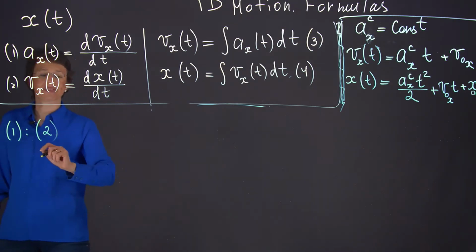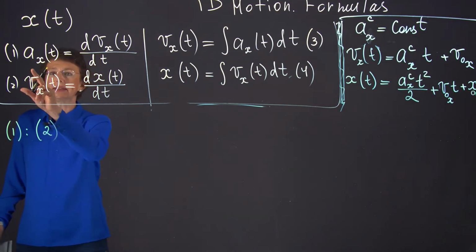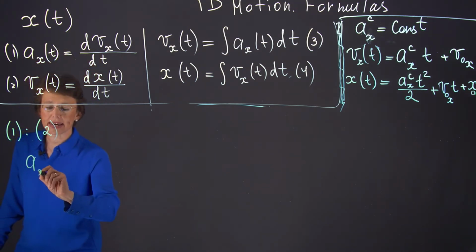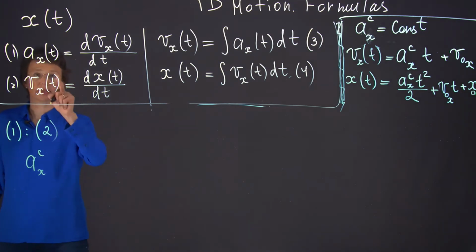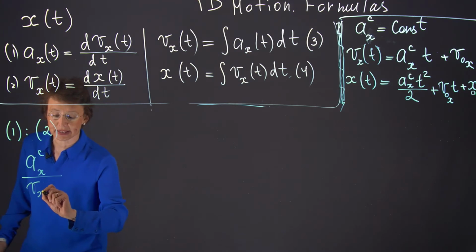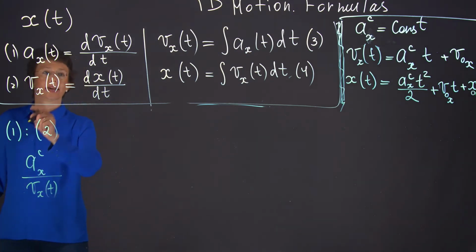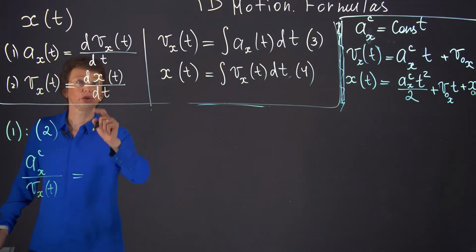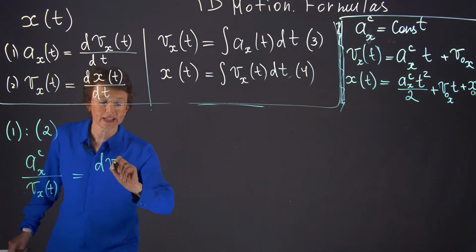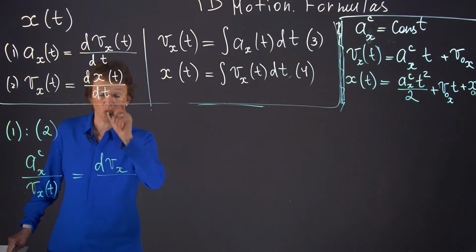What will we have then? If I do that, then on the left, I will have ax, and I remind us that this is constant acceleration, divided by vx of t. And this is equal to this guy divided by that guy, which gives us dvx over dx.